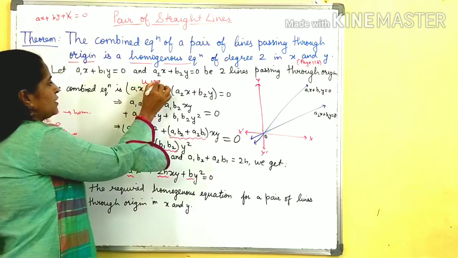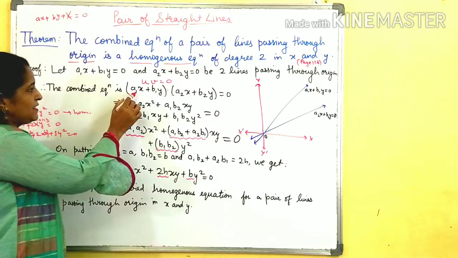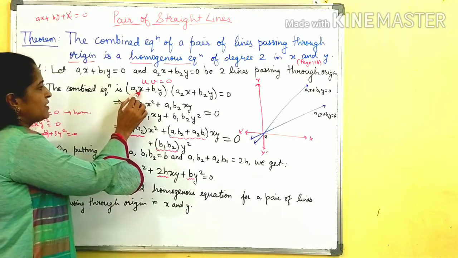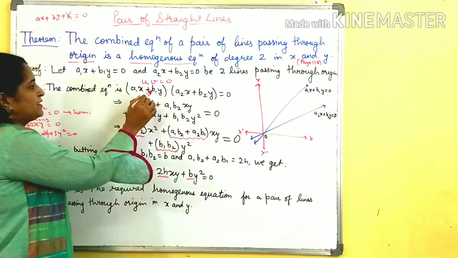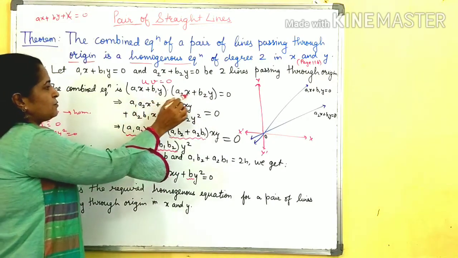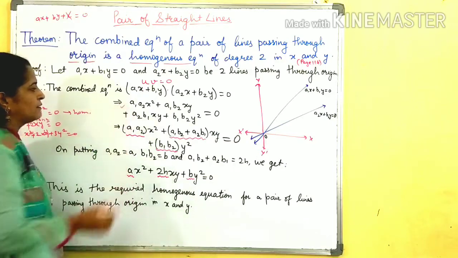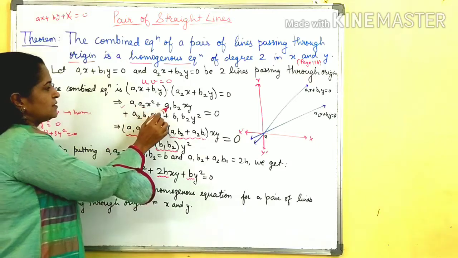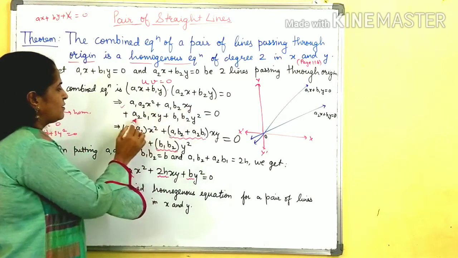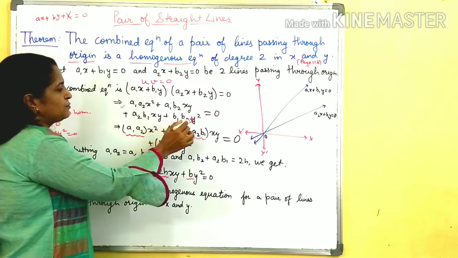We know that u times v equals 0. So multiply each term: a1x multiplied by a2x plus b2y, then multiply b1y with a2x plus b2y. So you get a1 a2 x square plus a1 b2 xy plus a2 b1 xy plus b1 b2 y square.